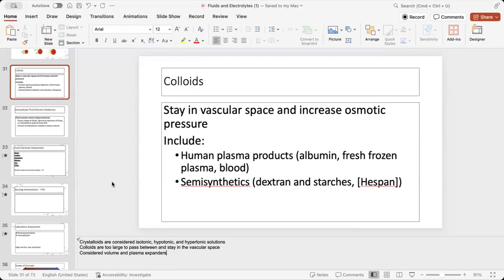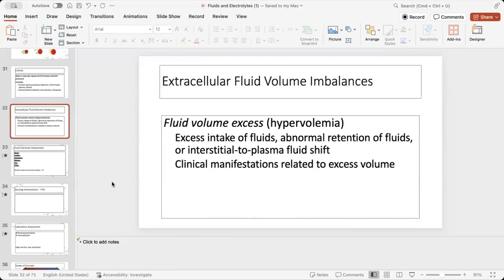Okay. So we talked about fluid volume deficit. Okay, so turn the page on your handout. You have fluid volume overload and fluid volume or fluid underload.